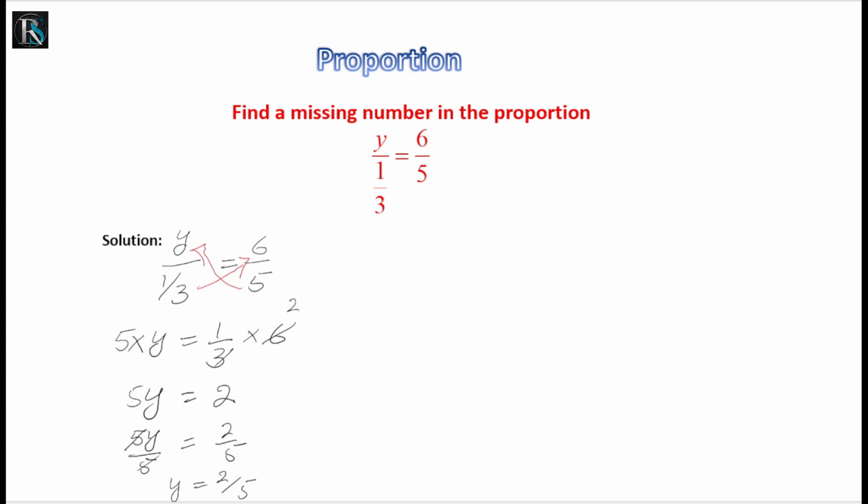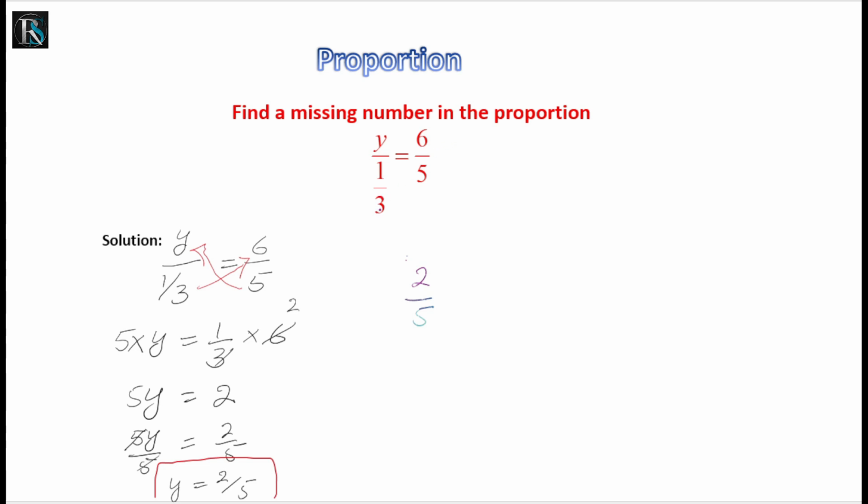So this is the solution. And now we need to verify that y equal to 2 upon 5 is the solution of the above problem. So we will verify that. We will just substitute 2 upon 5 instead of y. We can shift that to the other side.